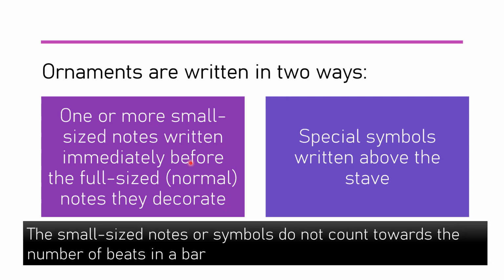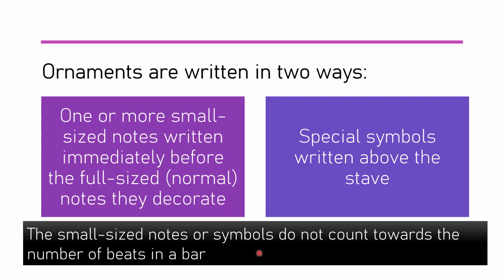However, one thing I want you to know is that these small sized notes or symbols, that's ornaments in general, do not add to the number of beats in a bar. Even if we introduce some small sized notes into a piece of music, whether it's a quaver or a crotchet, those small sized notes that we are introducing as ornaments do not count towards the number of beats in a bar.